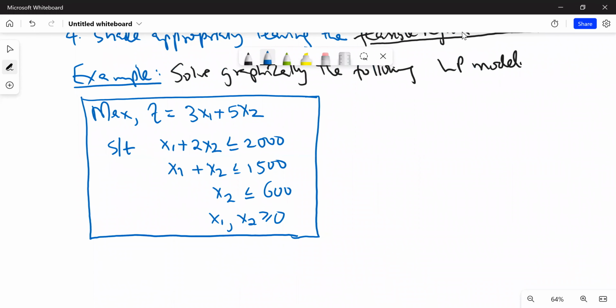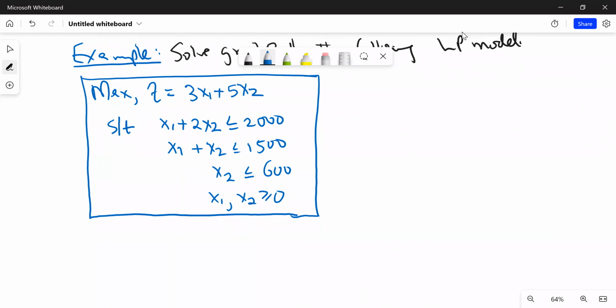So let's consider the following LP model, and we are required to solve it graphically. Maximize Z equal to 3x1 plus 5x2, subject to x1 plus 2x2 is less or equal to 2000. Then we also have x1 plus x2 is less or equal to 1500. x2 is less or equal to 600.